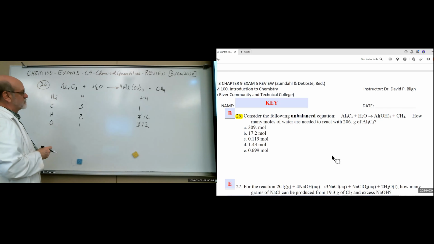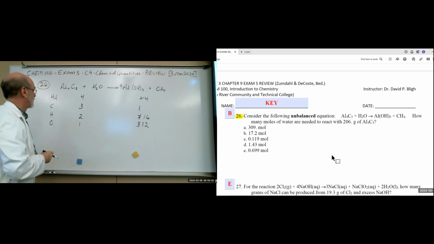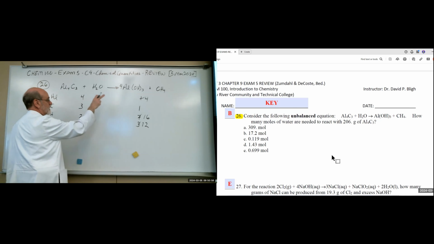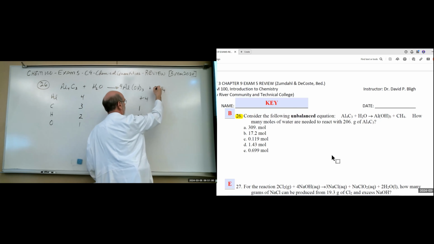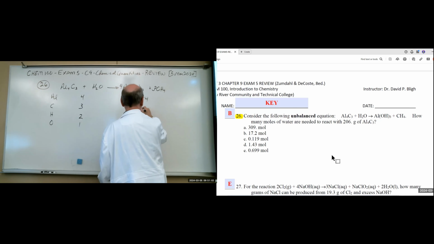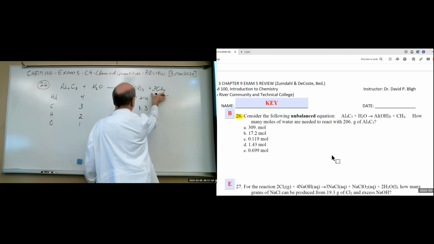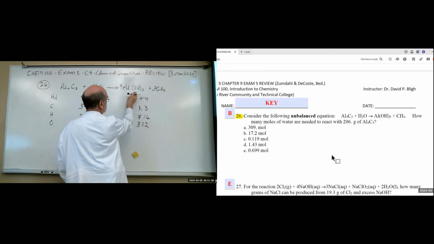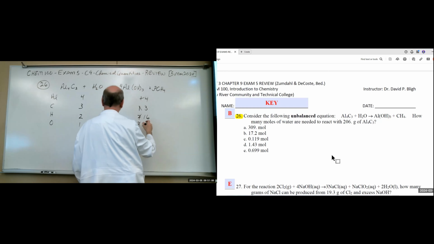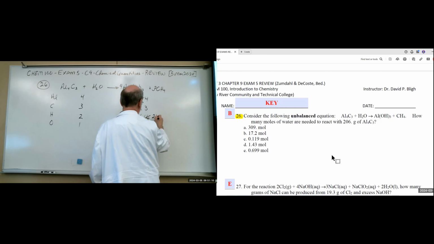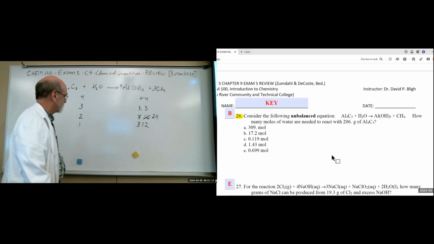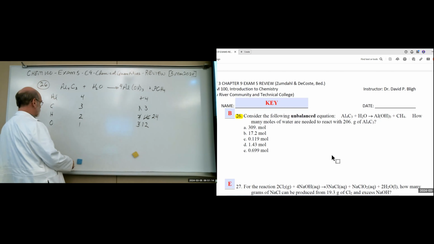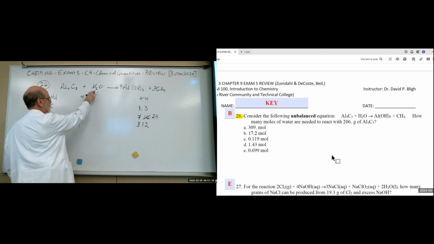Okay. How about carbon? Well, now we have 3 carbons here, and we need 3 carbons on this side. So that's 3. That's 12 hydrogens plus 4 times 3 is 12, 24 hydrogen. Okay. Now let's see, how do we get 24 hydrogens out of this one?